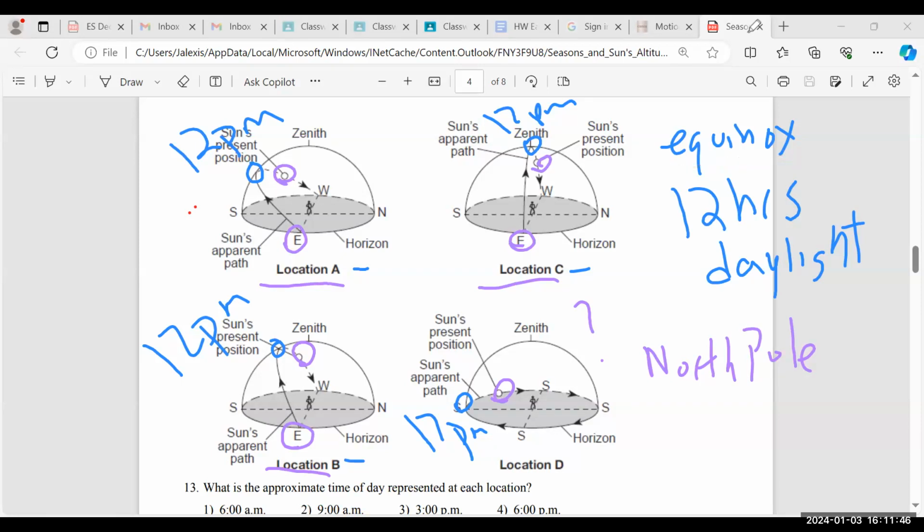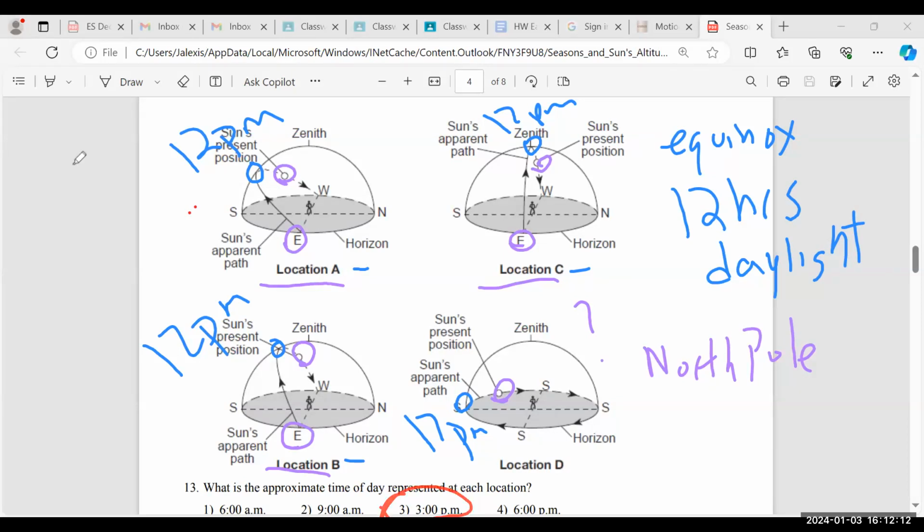So the fact that it is not at sunset yet means that it cannot be choice 4. And so the best answer is choice 3.